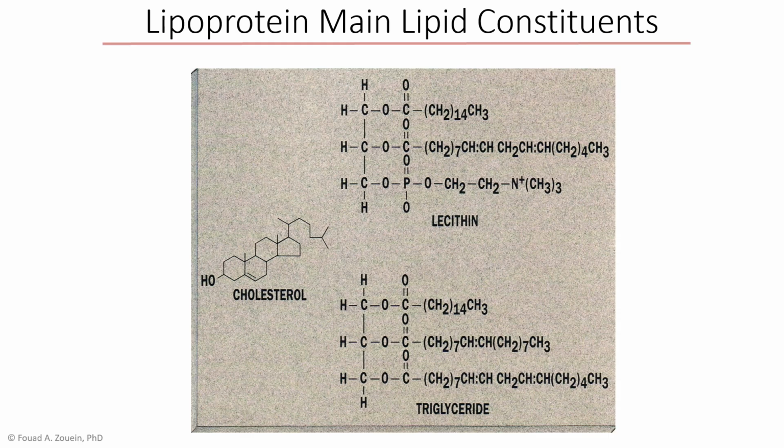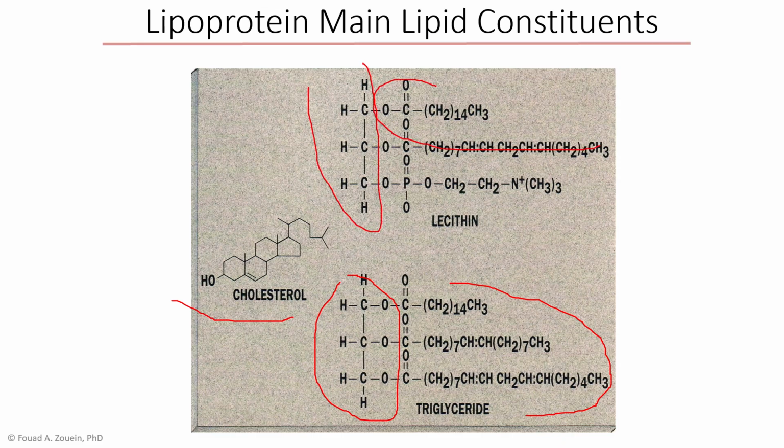So first, we're going to start by understanding the main lipid constituents of lipoprotein. There are three main constituents: cholesterol, which I'm sure you're very familiar with; triglyceride, which is a molecule of glycerol and three fatty acids; and phospholipids, which are a glycerol with two fatty acids and a phospho group.